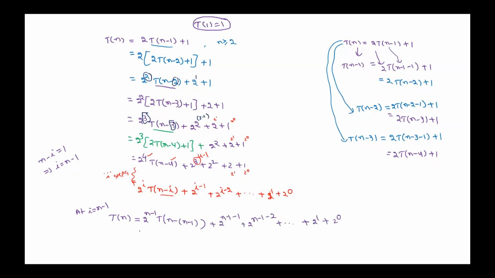Is that okay? So this is the same as 2 power n minus 1 into T of 1 plus 2 power n minus 2 plus 2 power n minus 3 plus and so on, 2 power 1 plus 2 power 0.